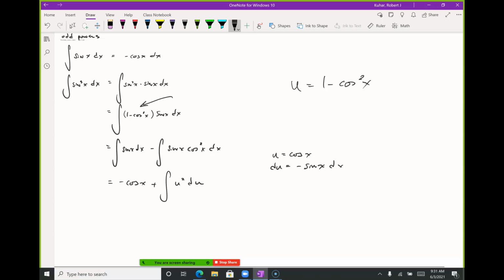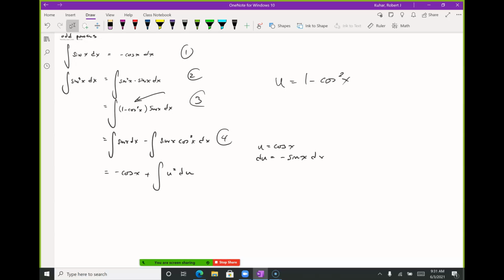Professor, how did we go from negative cos x dx to sine squared x sine x dx? What line are you at? Oh, never mind. So you're saying that the first line is equivalent to the second line? I'm sorry.